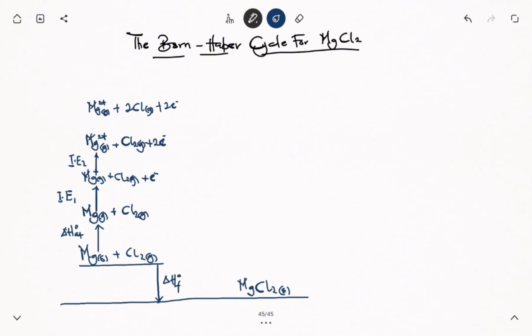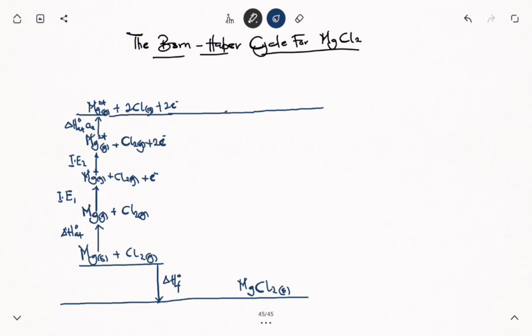Okay, now over here the energy change involved is the enthalpy of atomization of chlorine. So delta HAT, but this time it is for chlorine. All right, so now what is going to happen next?